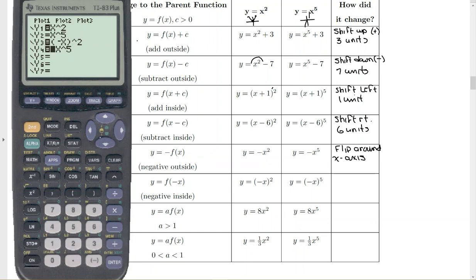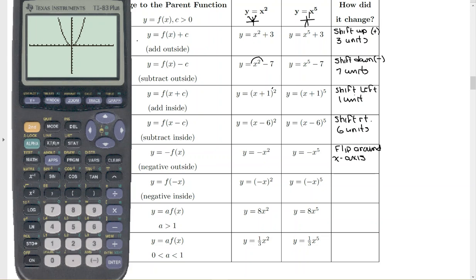So let's take a look at what's going to happen here. So there goes my original. And then it appears I don't see anything, but what I really am seeing is this function, the second one, went in, and it's lying right on top of the original function. There was a flip or reflection about the y-axis. You just can't see it because it's sitting on top of each other.